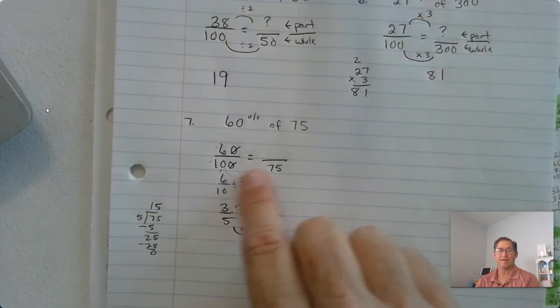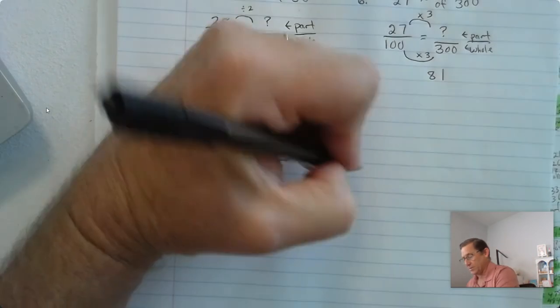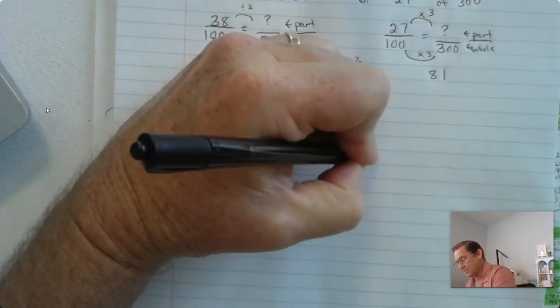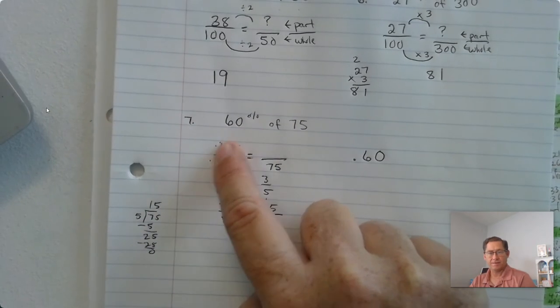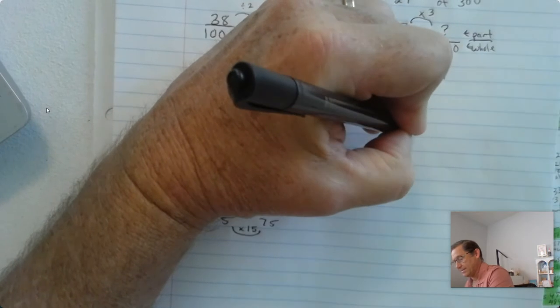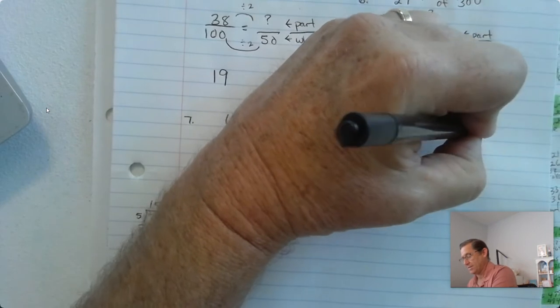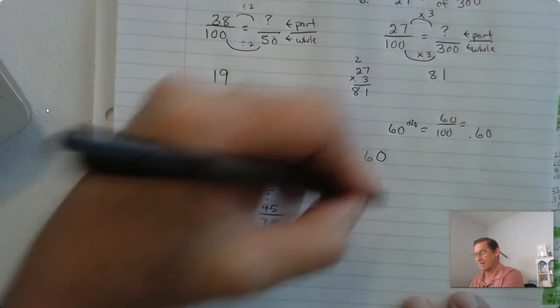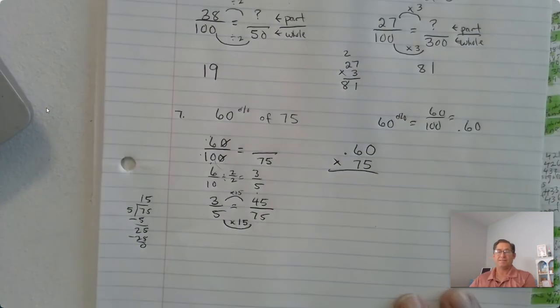I don't know how to convert that or what factor to multiply this by. So what we could do in this case instead is just go 0.60 because 60% equals 60 out of 100, right? How do we write 60 hundredths? 0.60. Of means multiply. So 0.60 times 75.